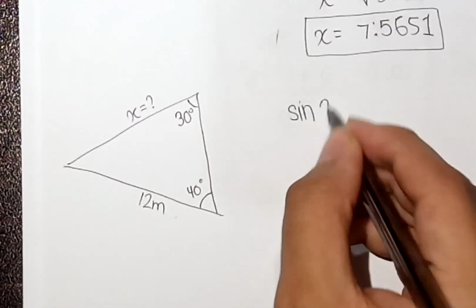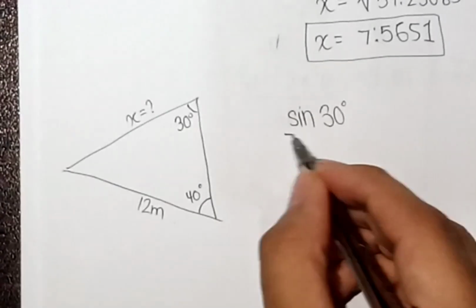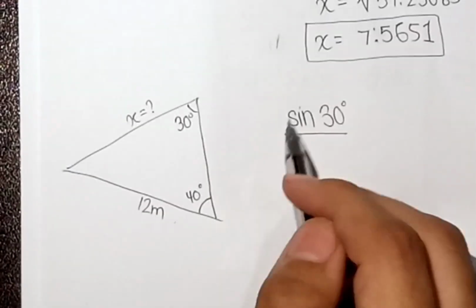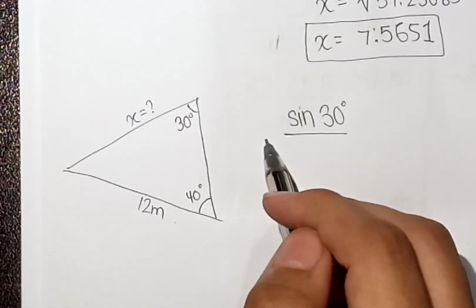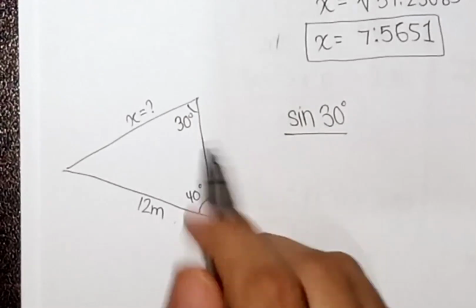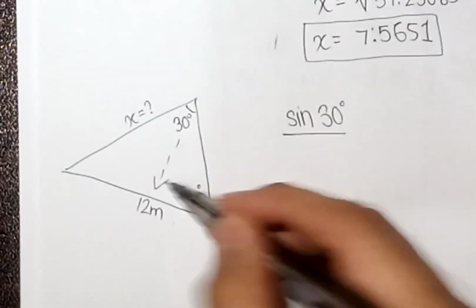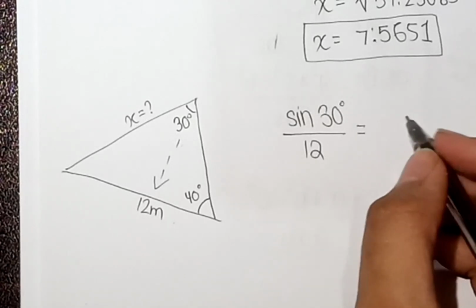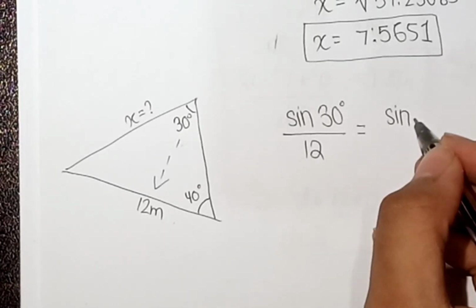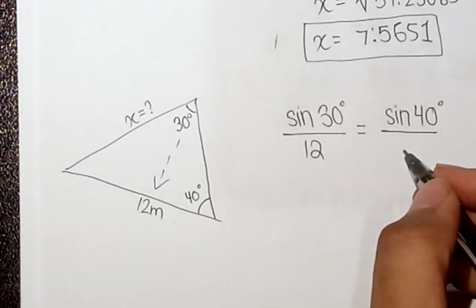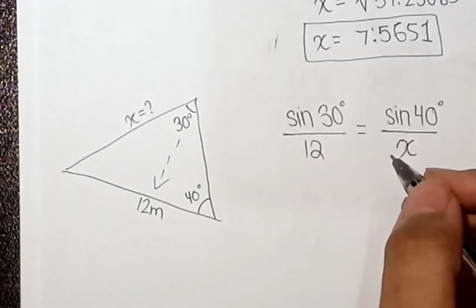Sine 30. Remember to keep the length, the side opposite to the angle, with the angle you are putting in the sine value. Like sine 30 upon x is wrong. It will be 12 is equal to.